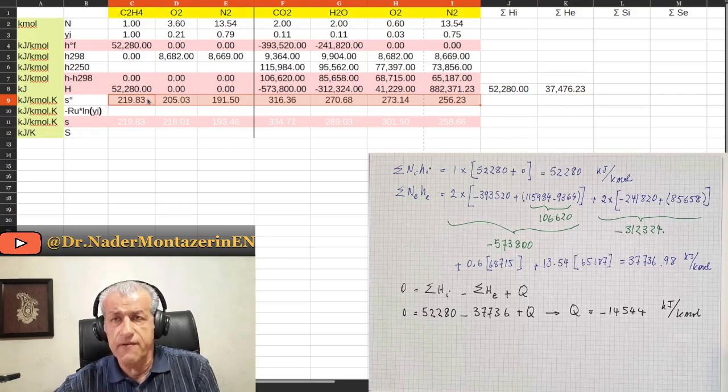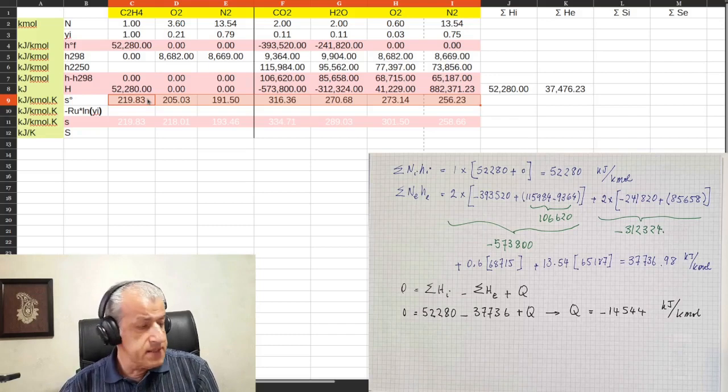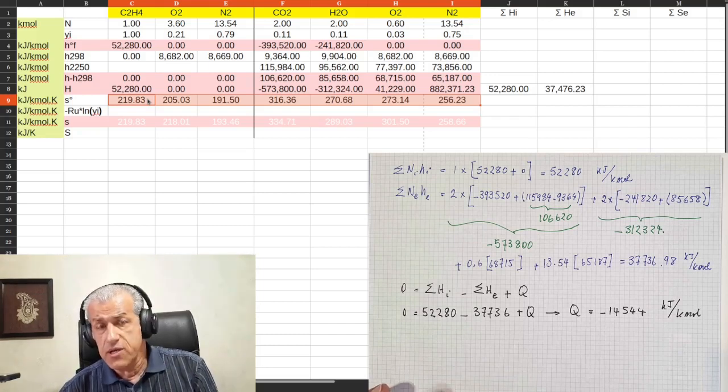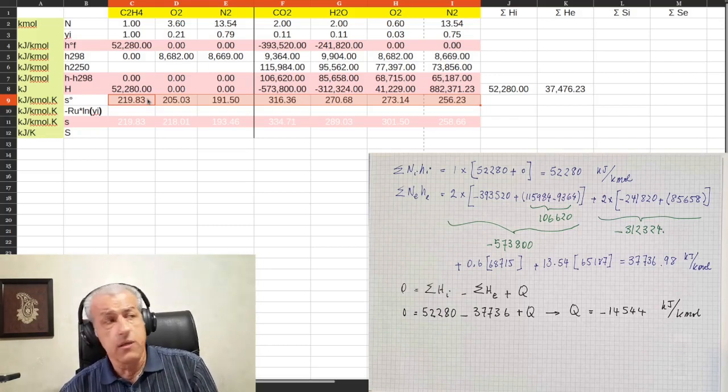The only difference is that what we have is not pure substance at atmospheric pressure, as all the values are given. These are substances at different pressures because we are assuming them at their partial pressures.